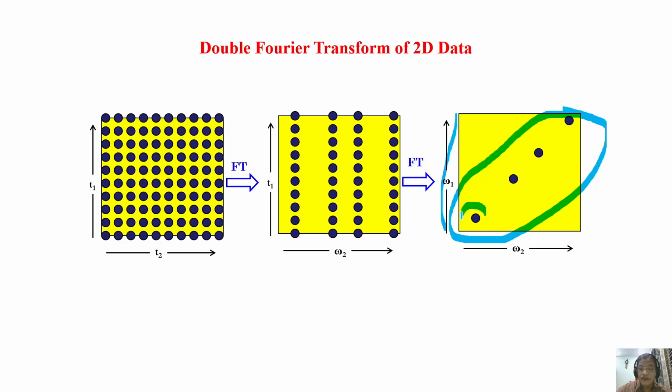Now if I look at this peak here, I can say in this dimension, the F2 dimension or T2 dimension, the dimension can be mentioned as T2, T1, F1, F2, omega 1, omega 2, direct dimension, indirect dimension. These are the nomenclatures people use. For example, the T2 dimension is a direct dimension where we detect the signal. After Fourier transformation, it is the omega 2 frequency. Or F1 and F2 are the two frequency dimensions.